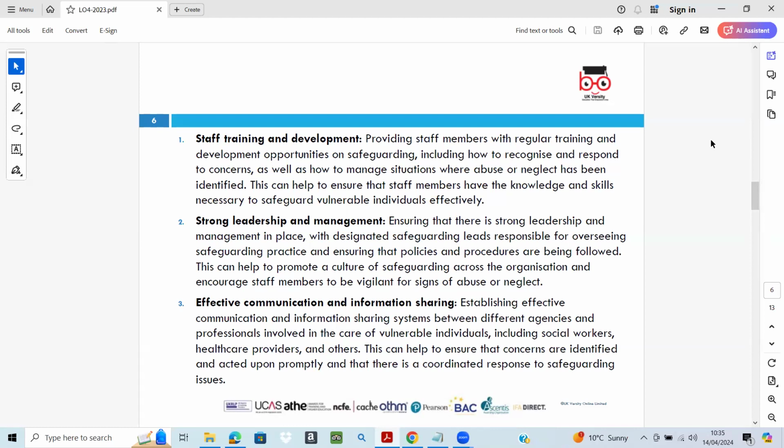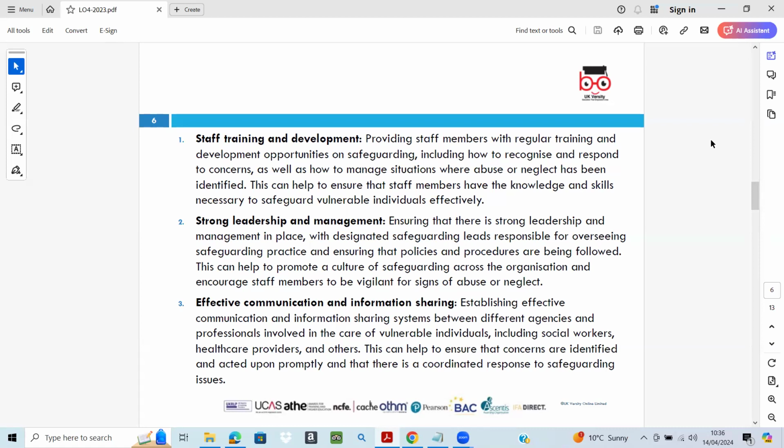Next we will discuss effective communication and information sharing. This is about how information regarding potential risk or incidents of abuse is shared among different professionals and agencies, such as social workers, healthcare providers, and police.